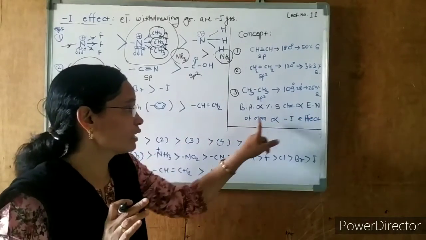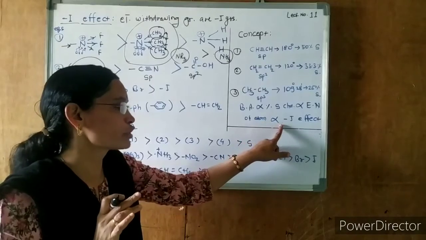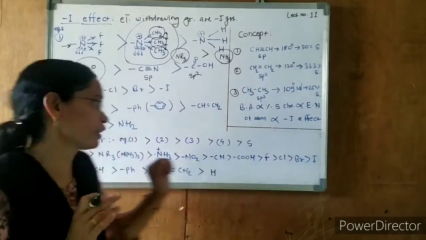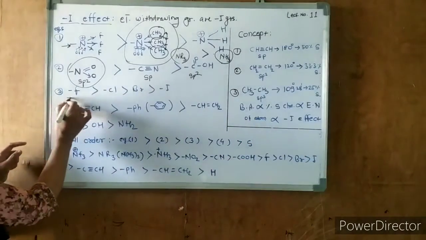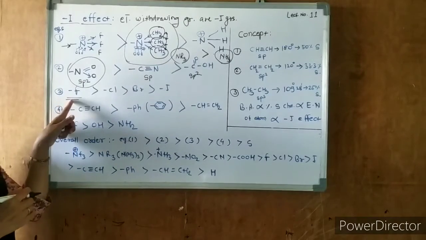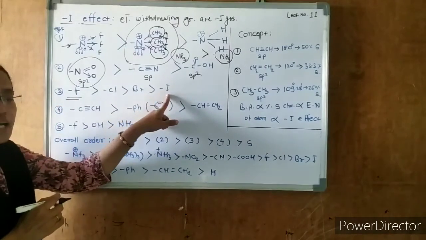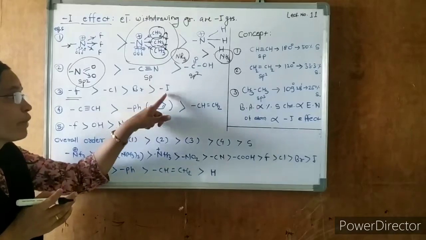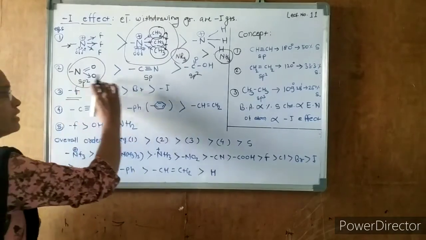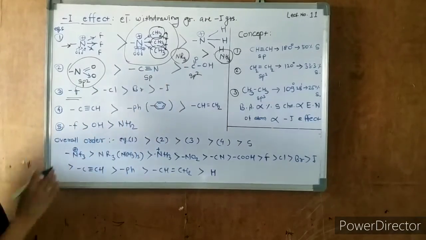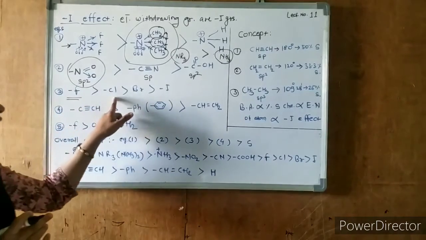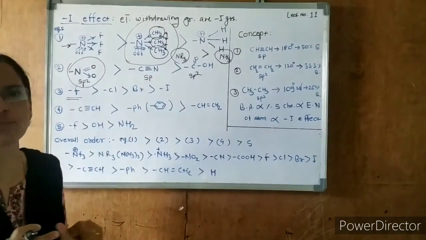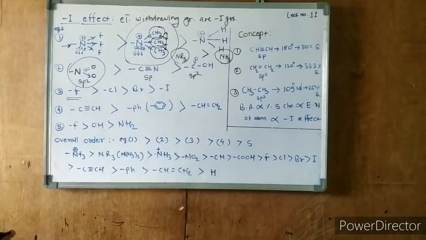Electronegativity of an atom is directly proportional to minus I effect. More is the electronegativity, more is the minus I effect. Less is the electronegativity, less is the minus I effect. This is the sequence of the order of the minus I effect regarding these particular atoms which belong to the halogen family.